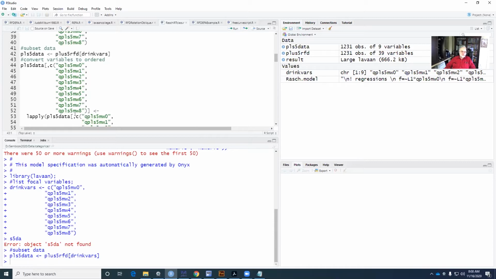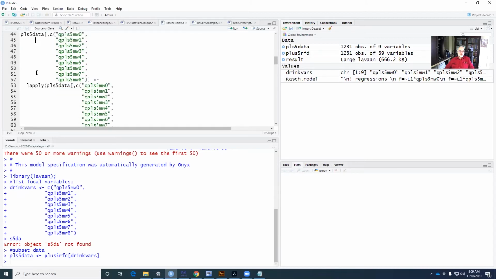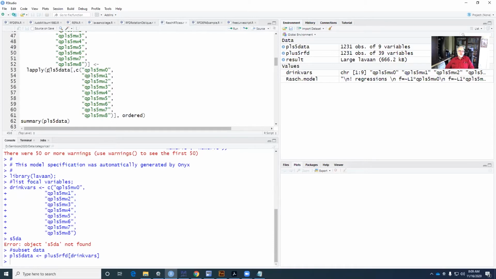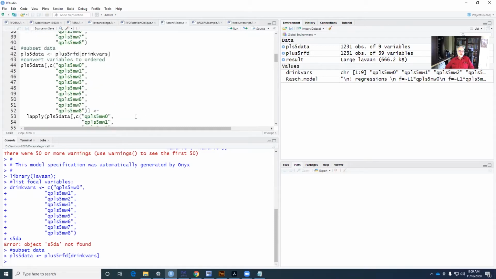By default, lavaan is going to expect these variables to be continuous, and so you need to change the type of that so that it is categorical. And that's done with this command. So across all of the rows and for the columns with these labels, I'm going to apply this command to it, the lapply statement, and say these are ordered. So there's that.